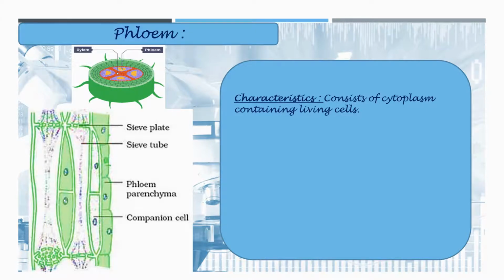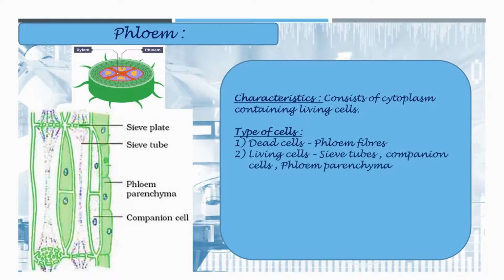Now the four elements of phloem are considered as dead cells and living cells. The four elements of phloem are phloem fibers, which are considered as dead cells, and sieve tubes, companion cells, and phloem parenchyma, which are considered as living cells. Now sieve tube elements, they are like vessels.